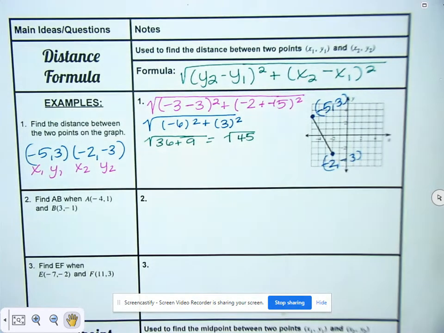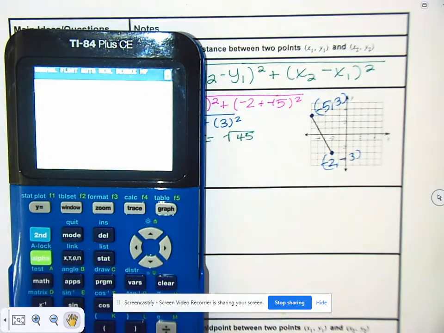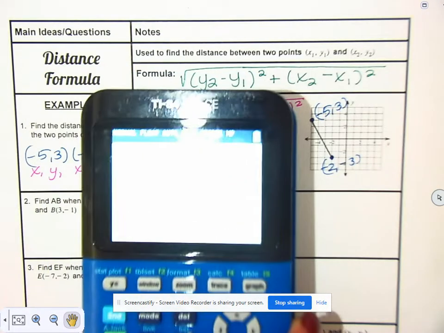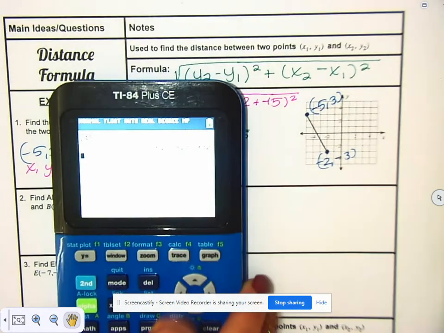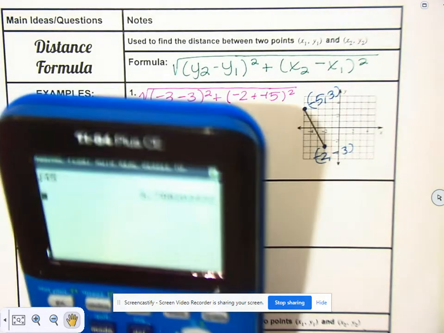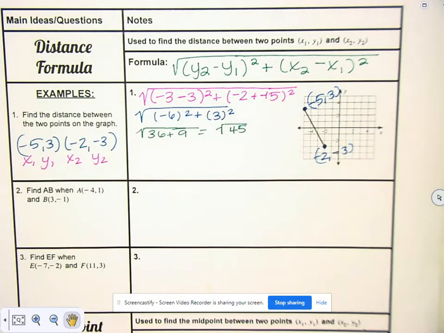Then we're going to type that into the calculator, the second square root of 45, and that gives me 6.708, so I'm going to make that 6.71.